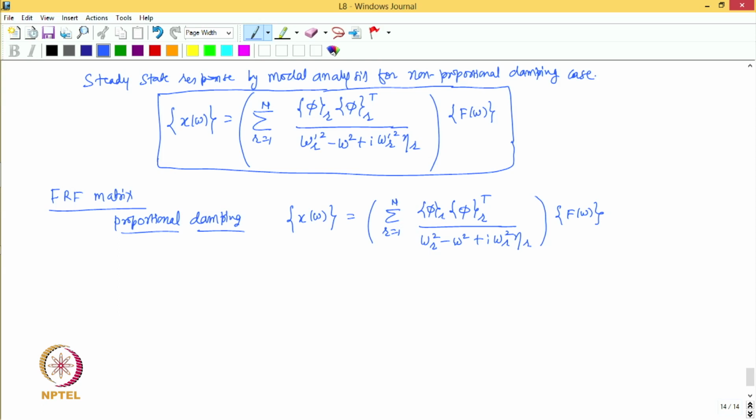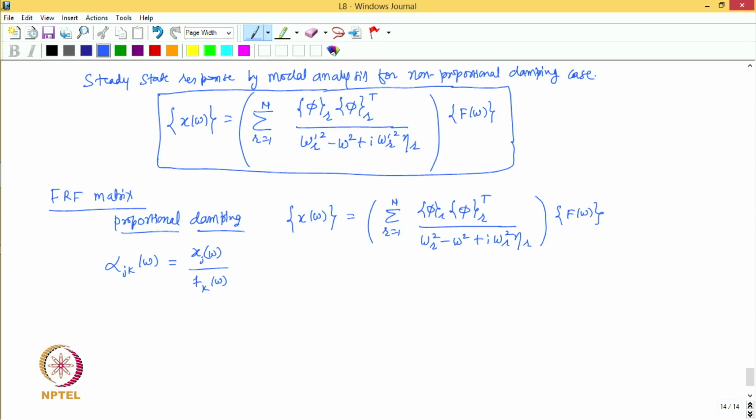Now, let us say I am interested in finding the FRF alpha j k of omega. Alpha j k of omega means the response amplitude at the jth coordinate divided by the amplitude of the harmonic force applied at the kth coordinate, with no force applied at the remaining degrees of freedom.